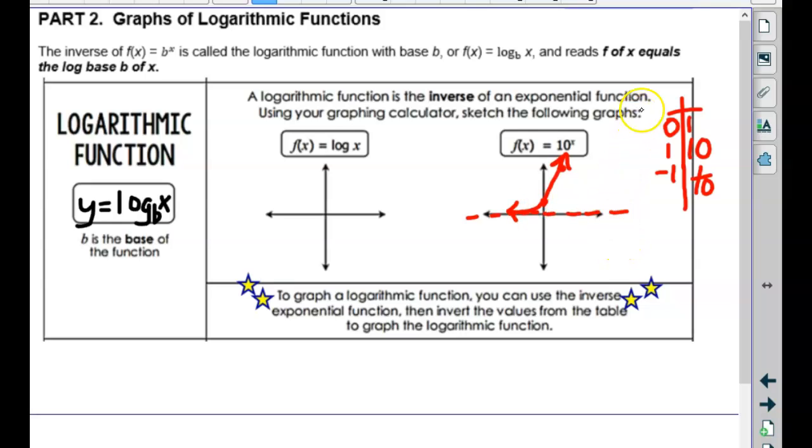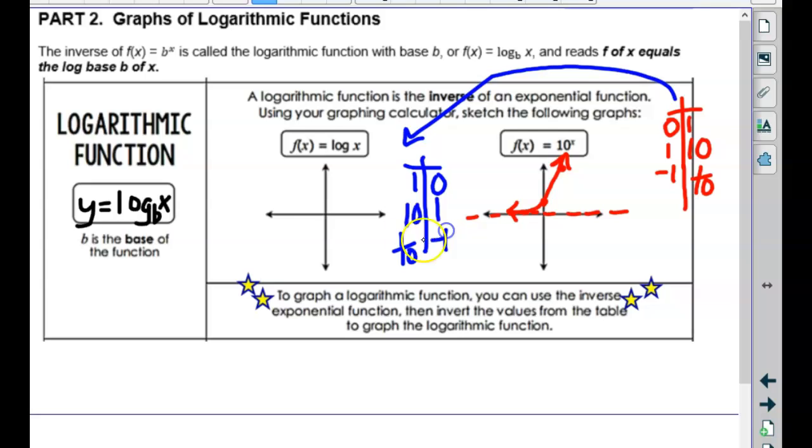Well, what does the logarithm do to those ordered pairs? If it's an inverse, it does what? Yes, it flips the ordered pairs. So over at 1, we're at 0. All the way out to 10 before we get up to 1. And at 1/10, we're already down to negative 1.